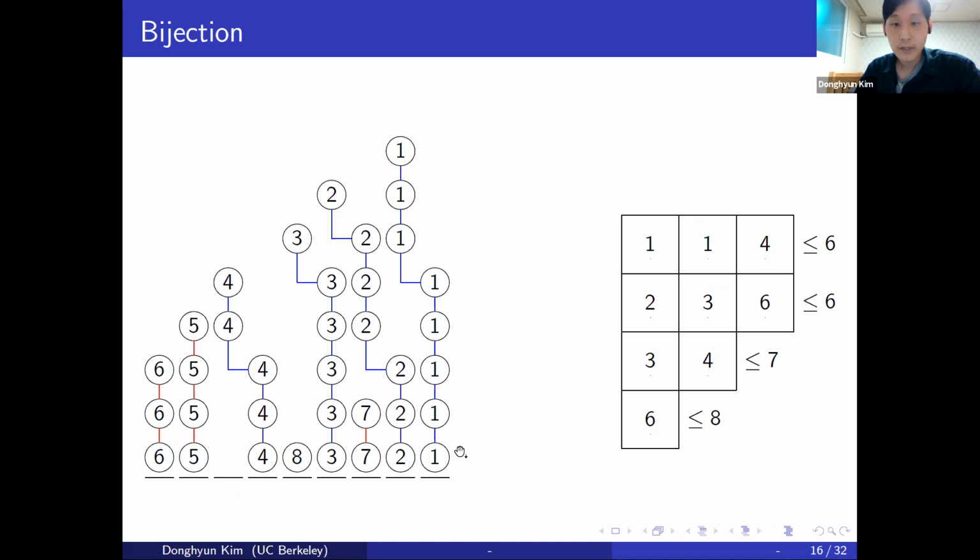Multiline Qs of this type are known to be in bijection with a flagged semi-standard tableau of this shape, and the bounds are given as 6,6,7,8. Basically, if you look at the one Bully path, you can fill the first row of the tableau. If you look at the two Bully paths, you fill the second row. Looking at the three Bully paths, you fill the third row. And looking at the four Bully paths, you fill the fourth row of the semi-standard Young tableau.